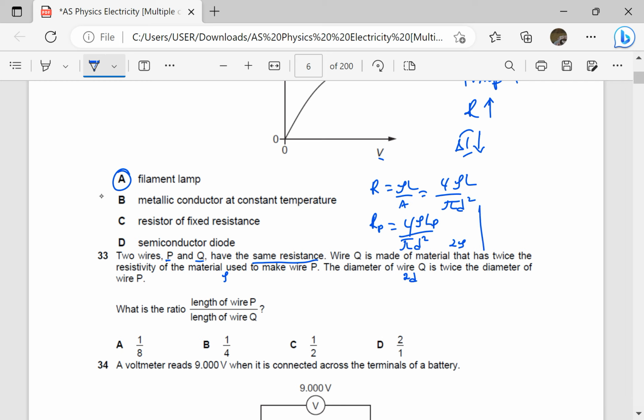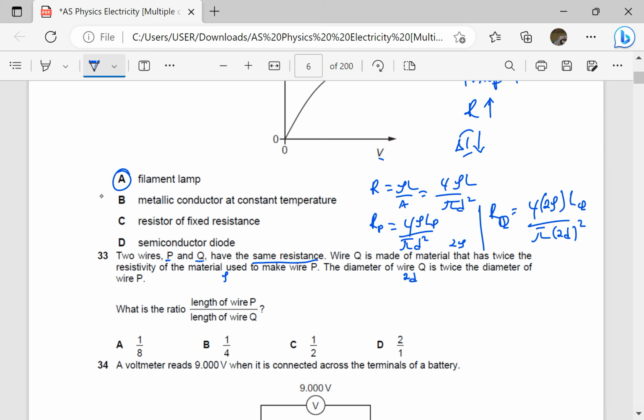So another equation, for Q: resistance of Q is going to be 4, the resistivity for Q is twice, so this is going to be twice rho. The length I will call LQ, divided by pi. The diameter is also twice, so this will be twice D, and this should be squared.